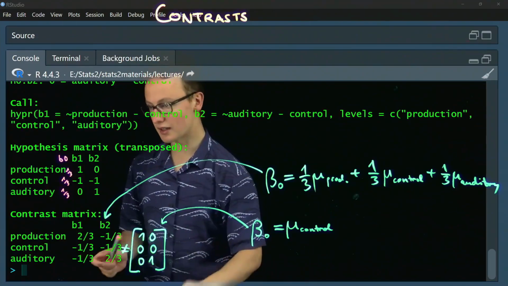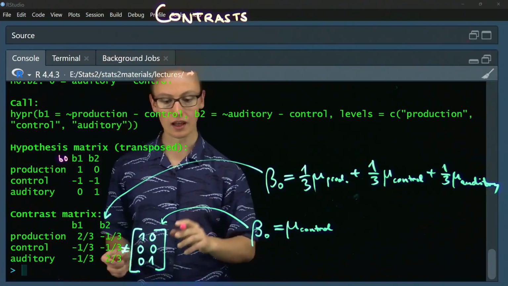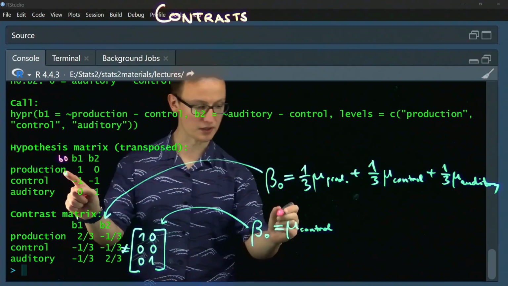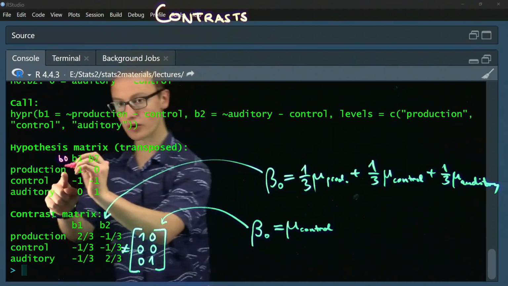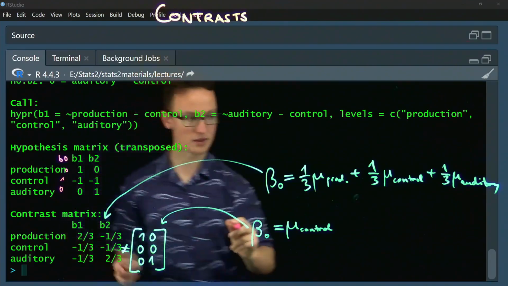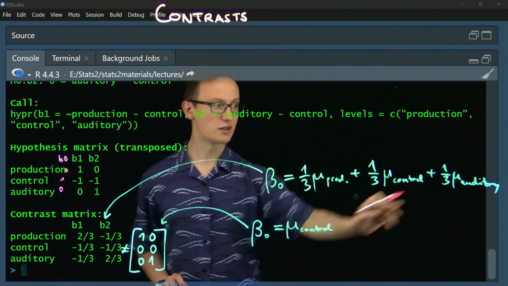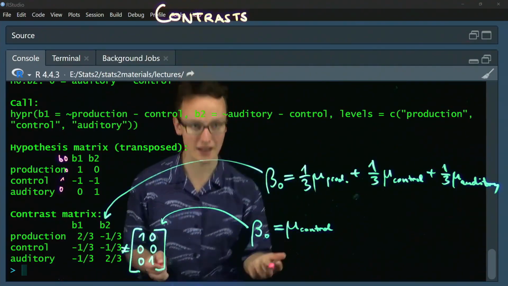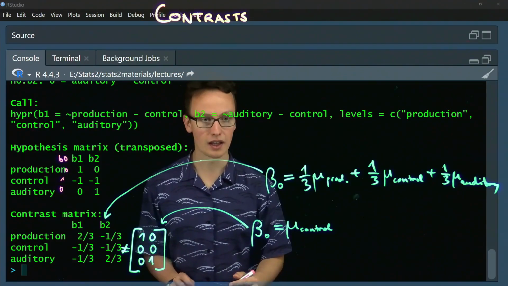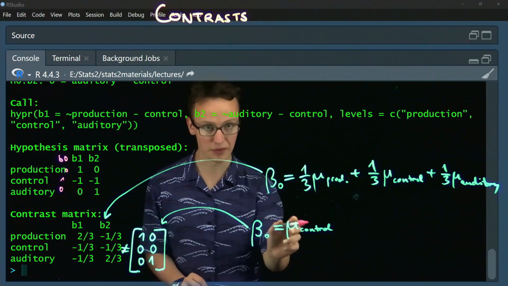But if we would take this and not define it as such, but instead would say, oh, the hypothesis matrix should contain coefficients 0, 1, and 0, meaning that there is a 0 coefficient for the production group, a 1 coefficient for the control group, and a 0 coefficient for the auditory group, which basically says, in other words, that the estimated beta 0, the estimated intercept, should represent the mean just of the control condition.